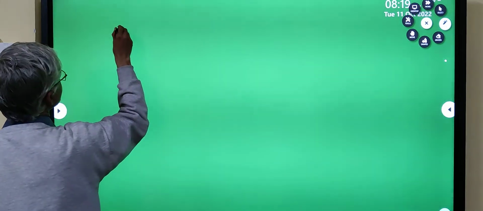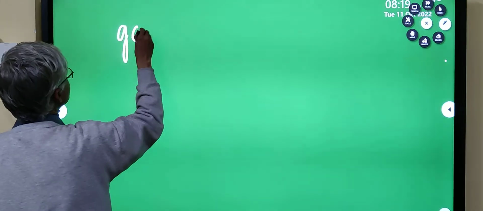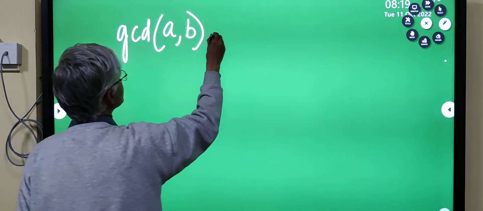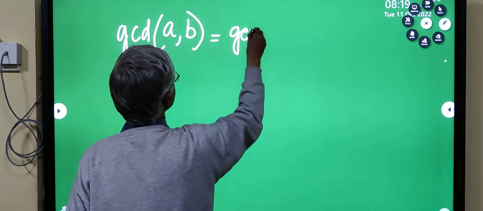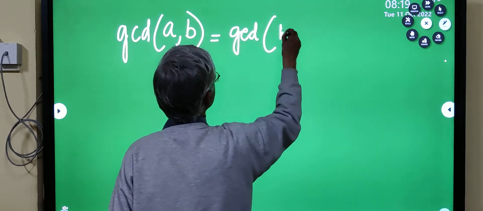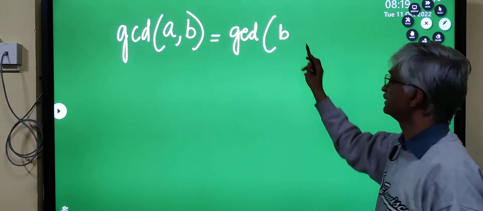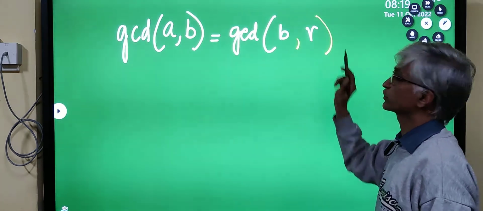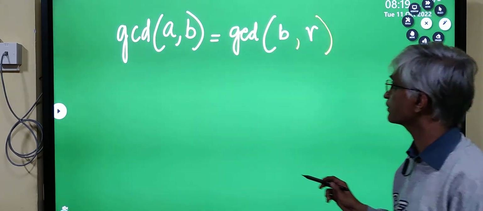Here what it says is GCD of A and B is equal to GCD of the smaller number B, and now we have something called R. So what is R?